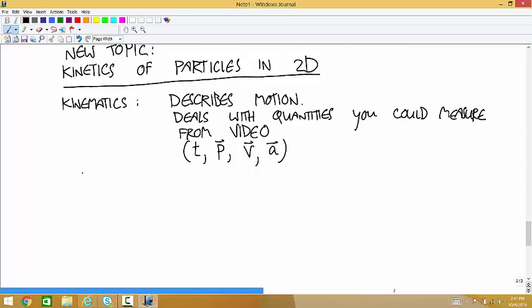Now going to kinetics, the idea of kinetics is that you combine kinematics with the causes of the motion. We haven't dealt with that yet.